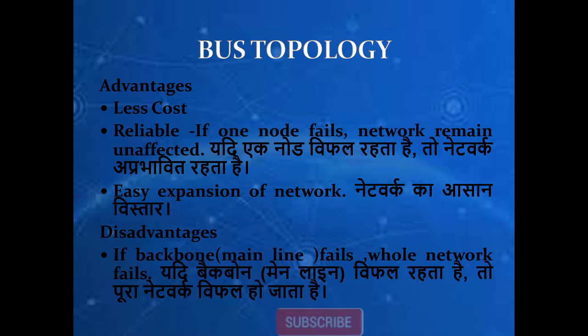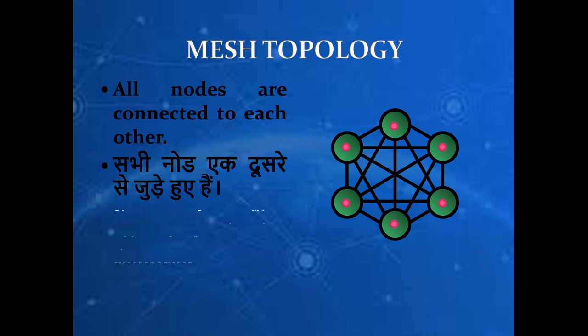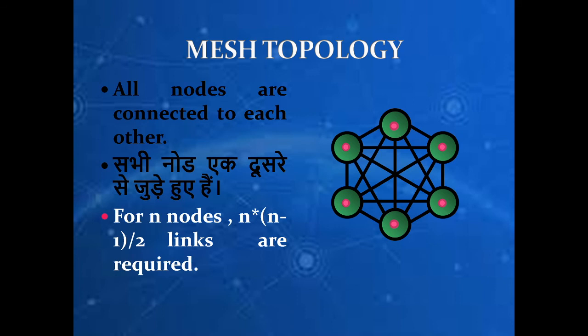Okay, and the last topology that we are going to discuss is mesh topology. The word mesh, we use this term very frequently in our day-to-day life, like, my room is messy.